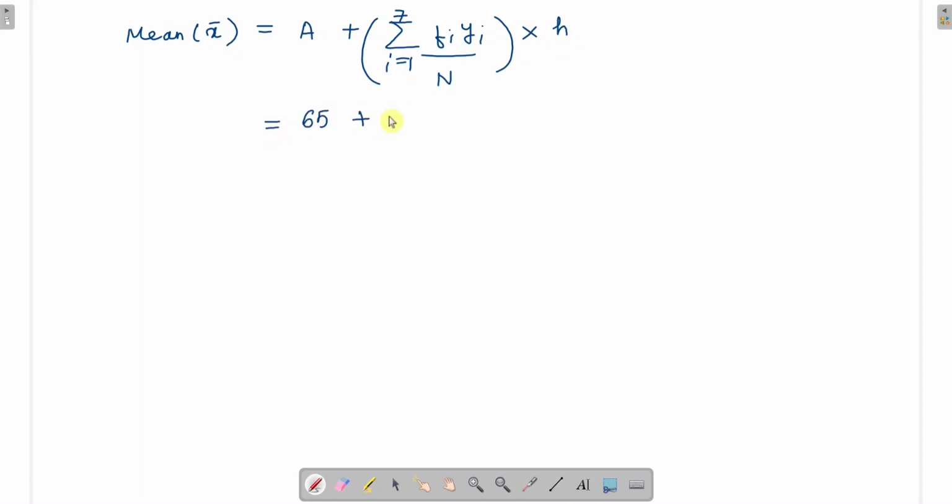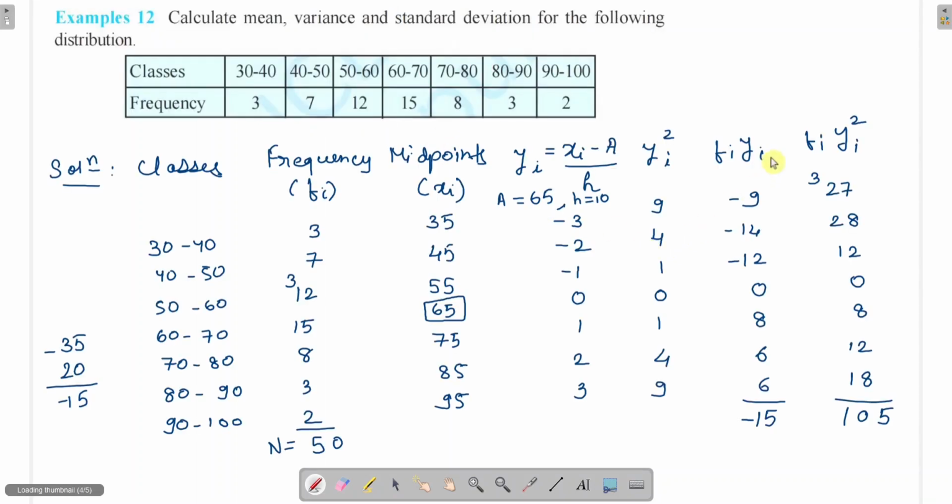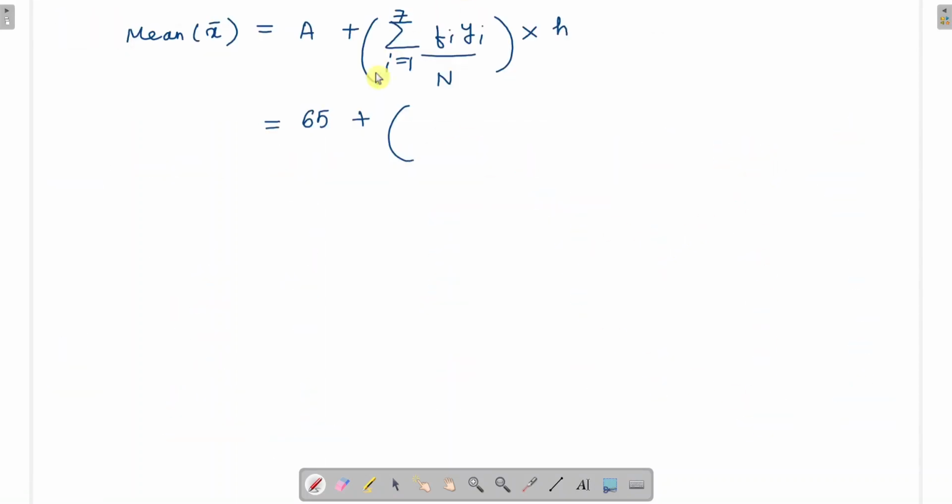So mean x bar is equal to capital A plus summation i going from 1 to 7 fi yi divided by n into h. Okay, so assumed mean is 65 plus summation fi yi is minus 15, n is 50 into h is 10.